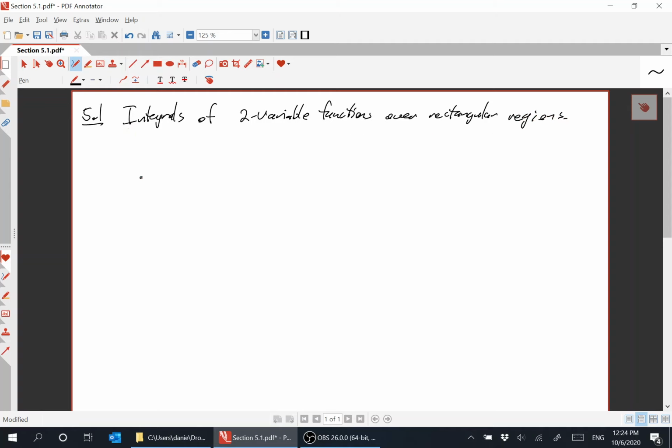So recall the definition of the integral of a single variable function.